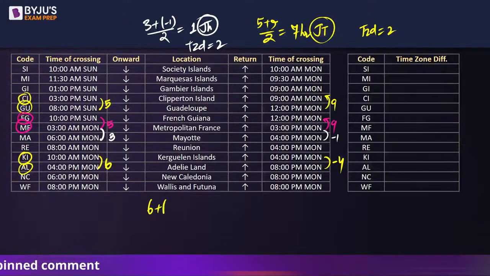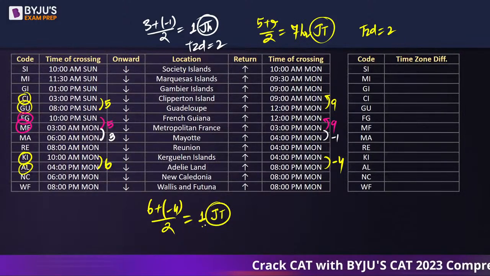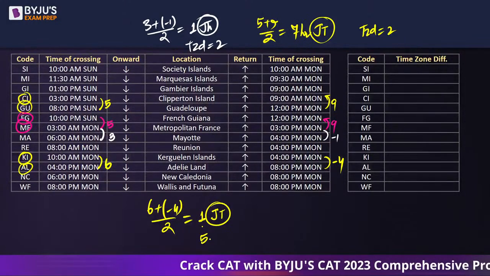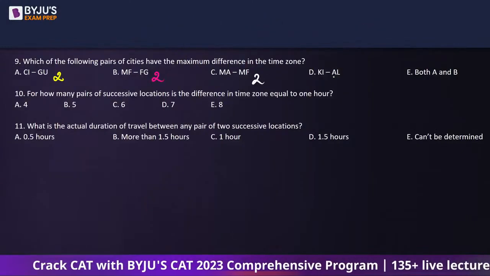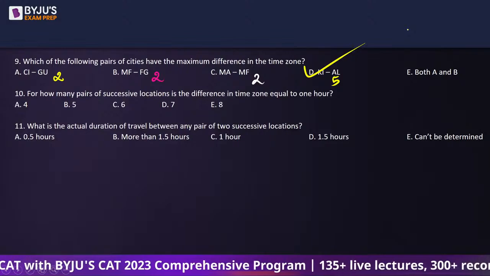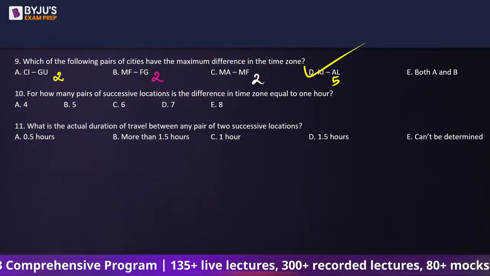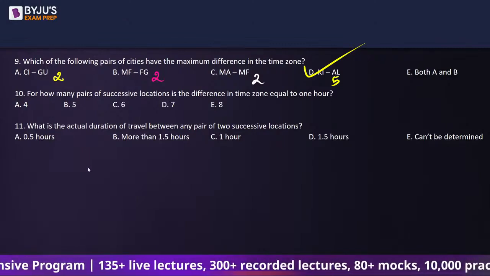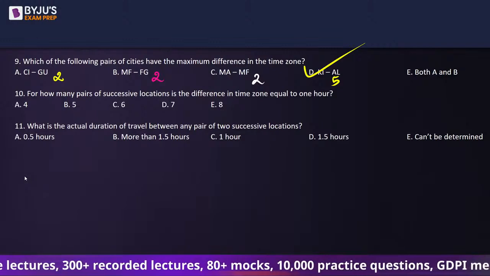So we will have 6 plus minus 4 divided by 2, which is going to give us 1. ये अगर आपका journey time है तो 1 से how far is 6, so 5, so time zone difference is going to be 5 hours long. So obviously the largest time zone difference we have is for option D. 5 घंटे का difference है उनमें, right? We are getting negative value guys because it's to the west of it.